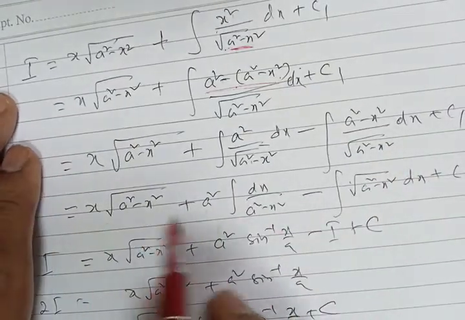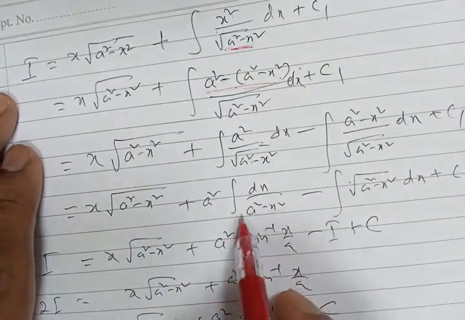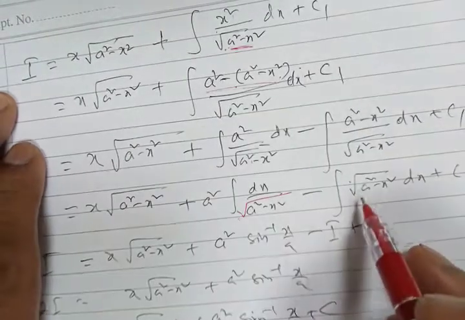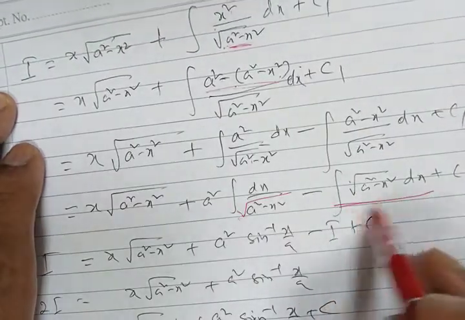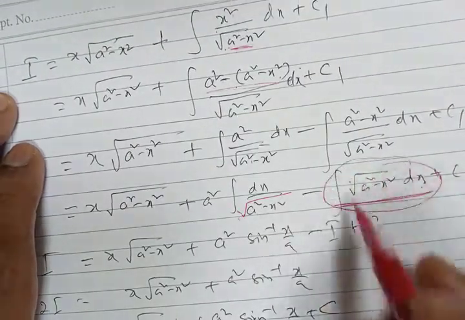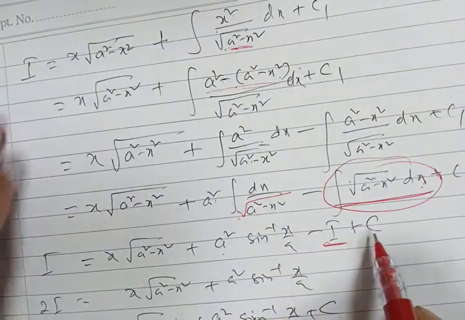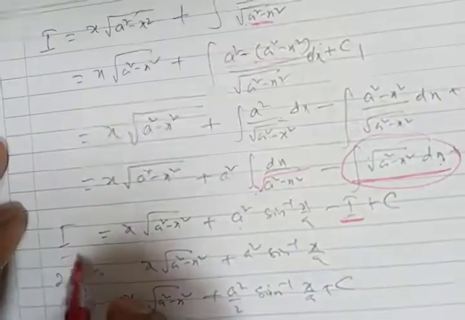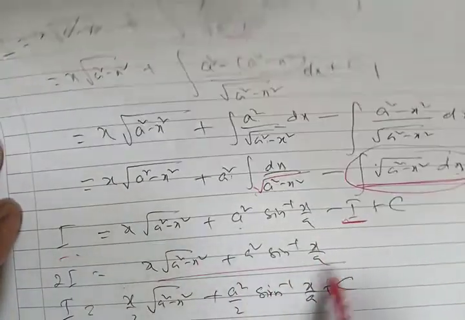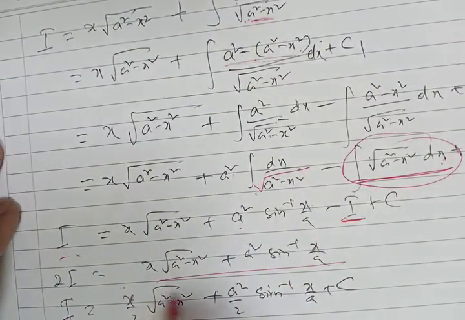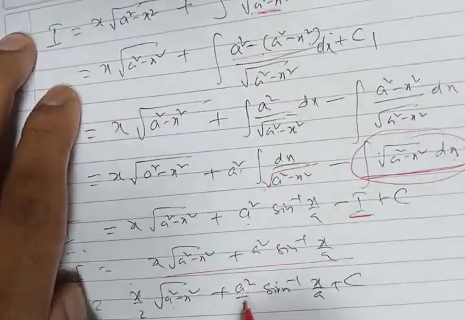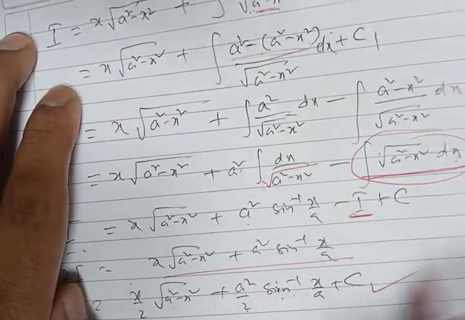Then this one is 1 over root over a square minus x square, and this one. So that whatever you have started, this one can be replaced by I, and this one we know is sin inverse x by a. Now this here is I, and this I became 2I became this. Then I became x by 2 root over a square minus x square plus a square by 2 sin inverse x by a.